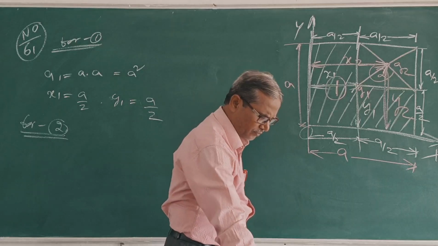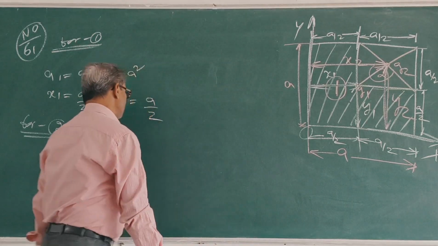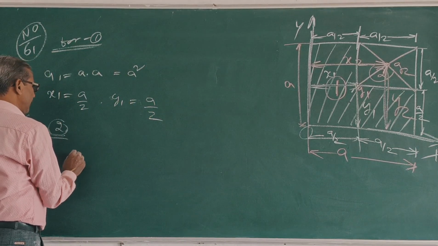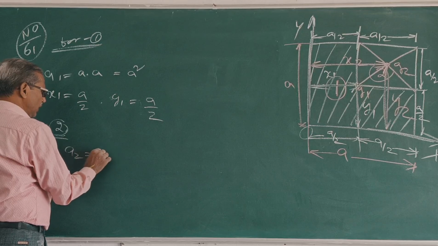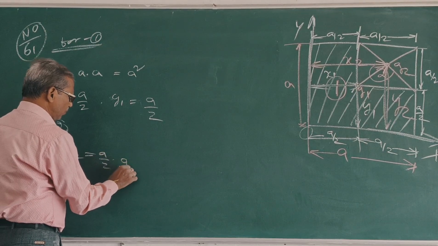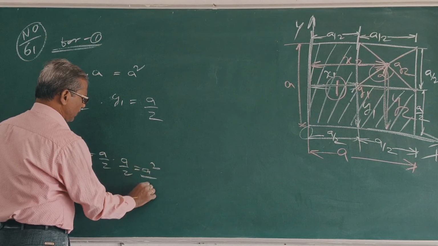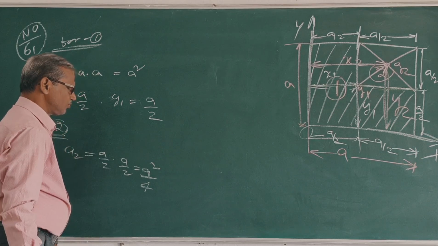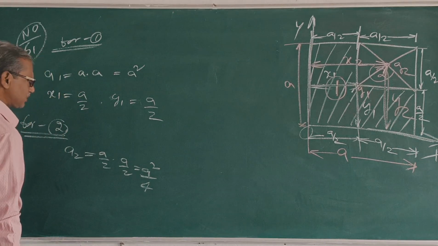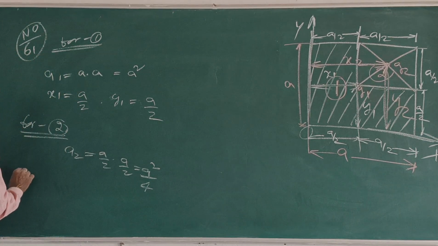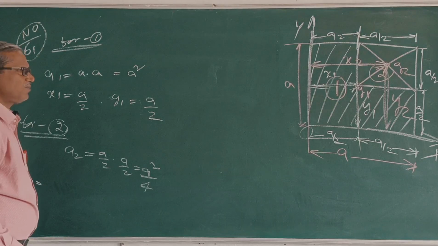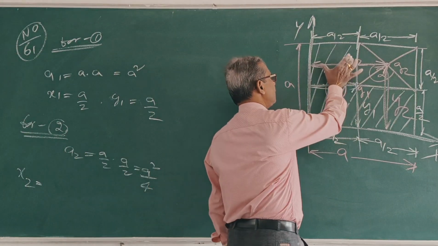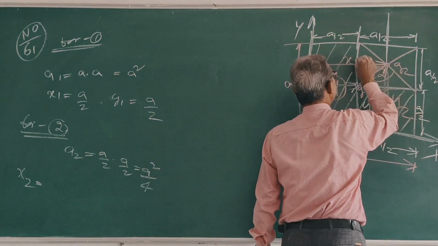What is the area? Area is equal to a by 2 into a by 2, which is a square by 4. What is x2? x2 is equal to this length, a by 2, plus this length.